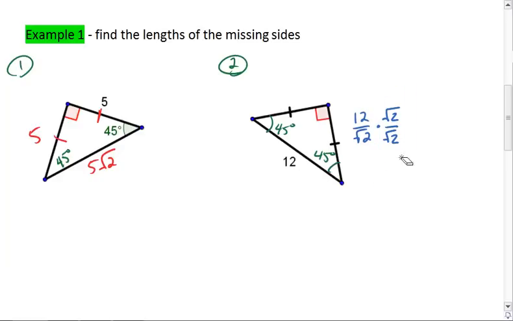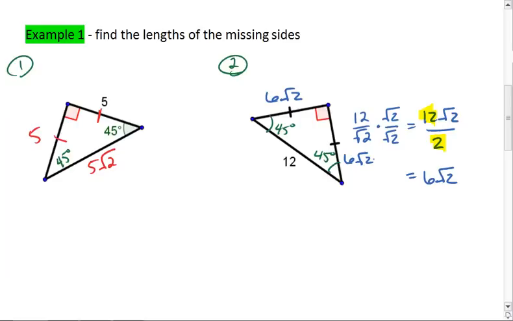We know anything times 1 is itself. What we get is 12 square root of 2 over, well, square root of 2 times square root of 2 is 2. Our 12 and 2 reduce, giving us 6 square root 2. So both of our legs are 6 square root 2.